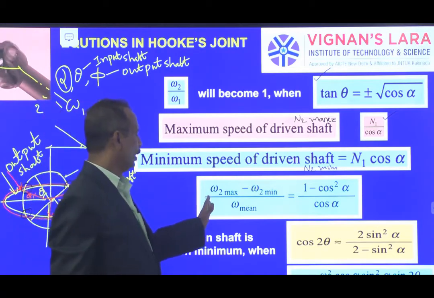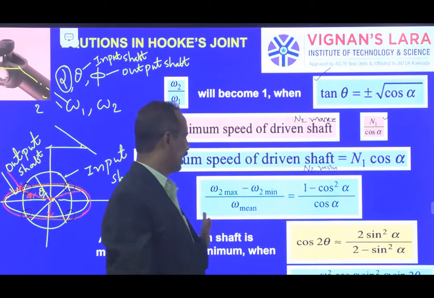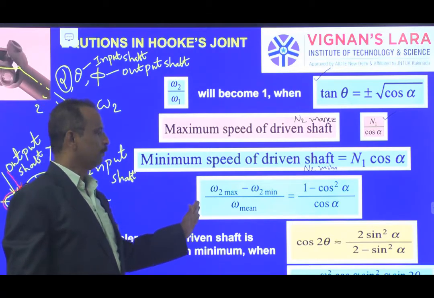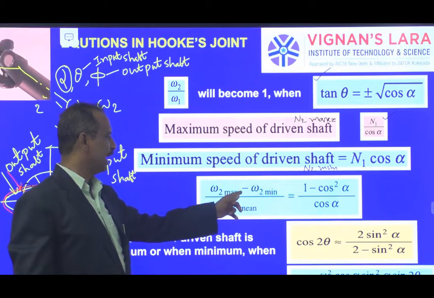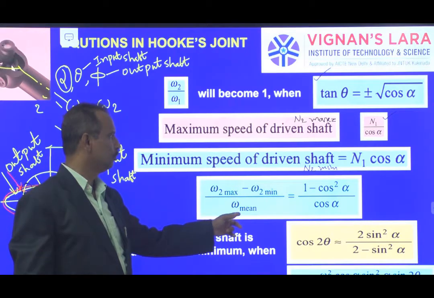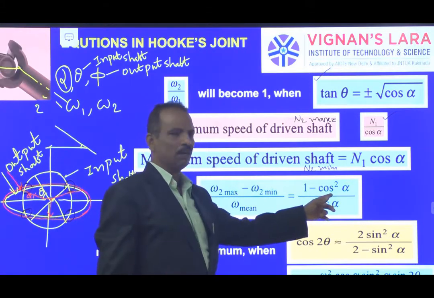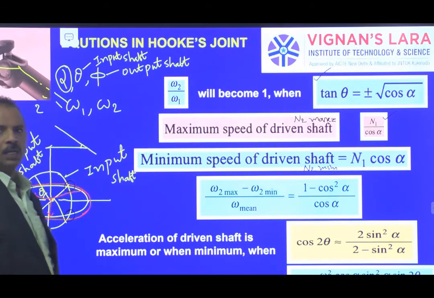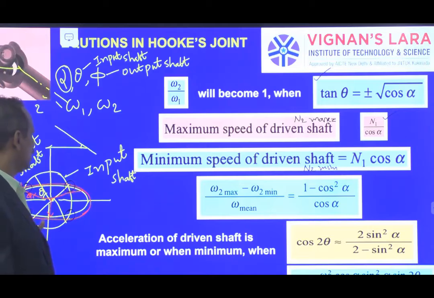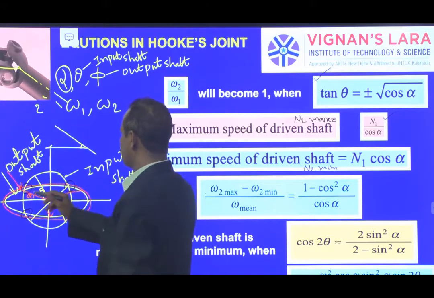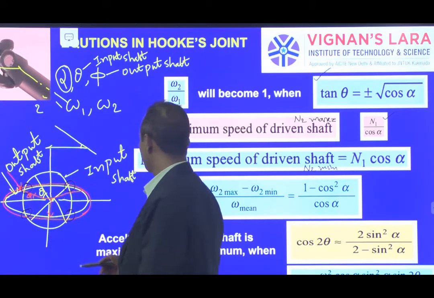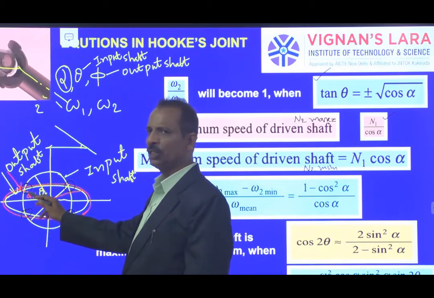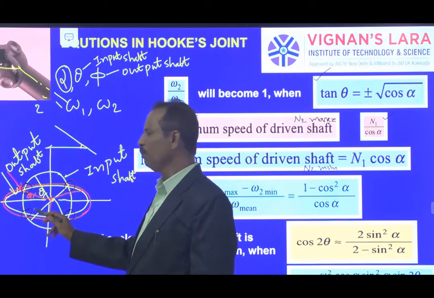Then there is another relation which we derived, the fluctuation of speed by mean speed, that is W2 max minus W2 min by W mean, which is given by 1 minus cos square alpha by cos alpha. At the same time, in this speed variation, there will be driven shaft acceleration maximum, minimum and 0.